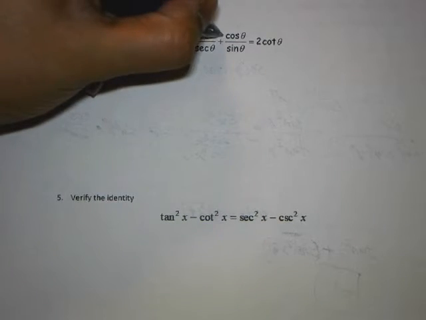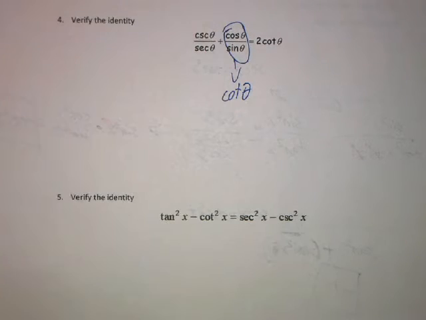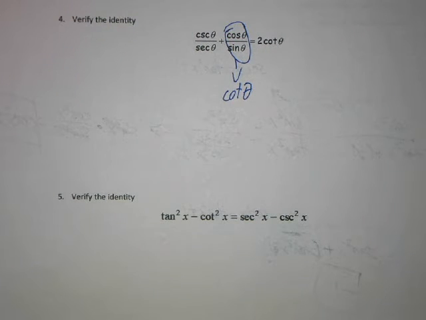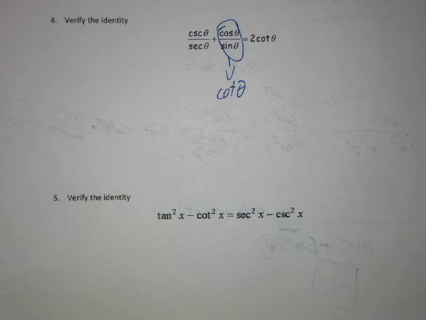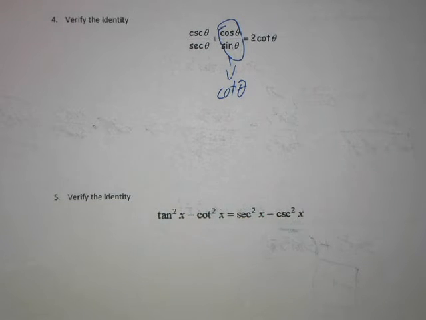So we've got cosecant over secant plus cosine over sine equals 2 tangent, right? And we're trying to verify this. One key thing we might notice is this one is already a cotangent, based on the tangent and cotangent identities. So with cosecant and secant, somehow we've got to get that to be another cotangent.